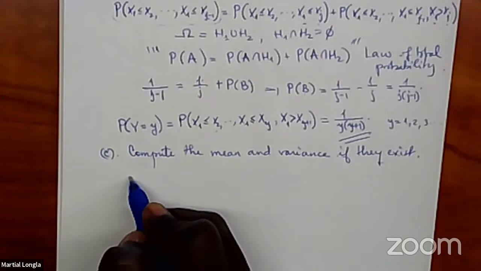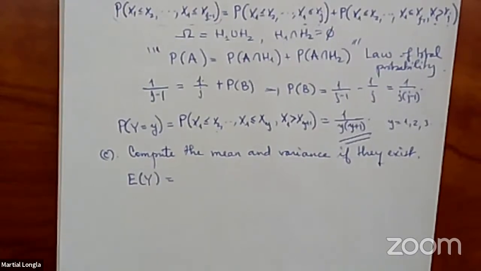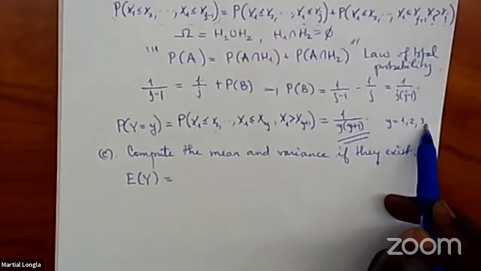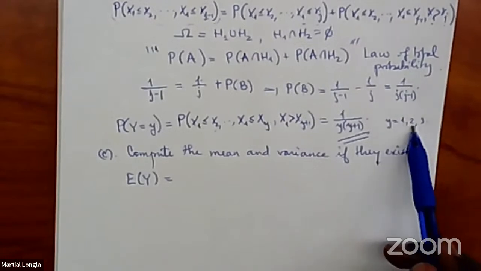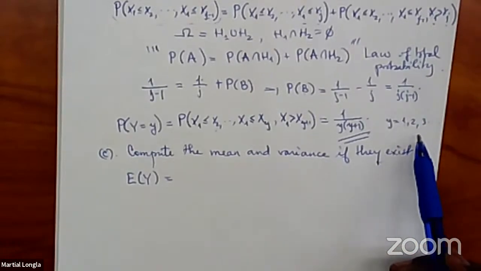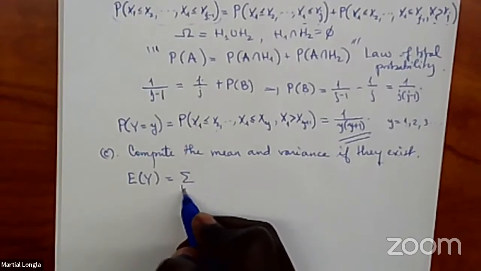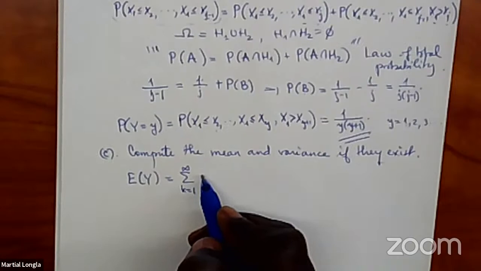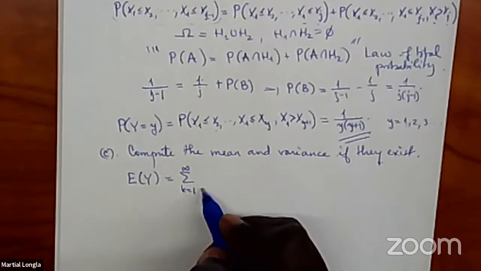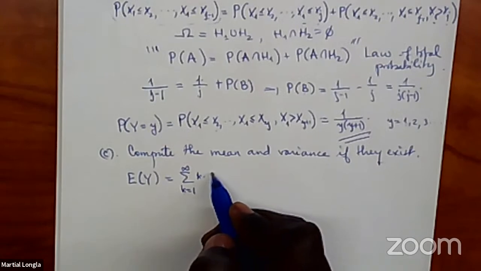The formula for the expected value of y, the reason why I'm pointing this out to you, is the sum from k from 1 to infinity of, if I call it k here, k times the probability.